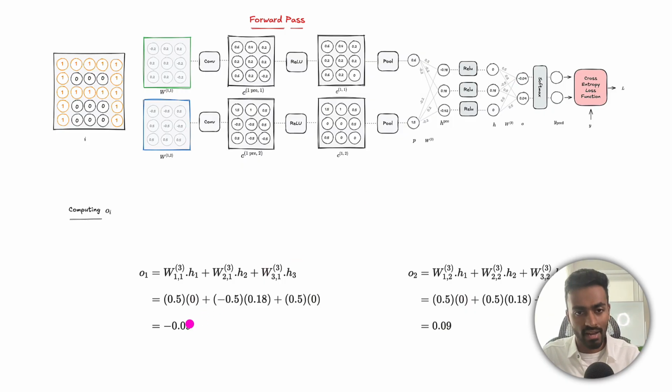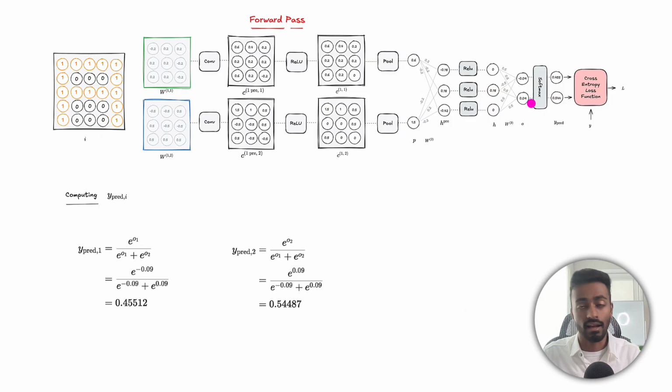So doing the mathematics, you'll see that the sum of products to get this neuron right over here is this weight times this neuron plus this weight times this neuron plus this weight times this neuron. The computation becomes pretty simple here because the inputs are 0. So it's just going to be negative 0.5 times 0.18, which is negative 0.09. And hence we write it over here. Similarly for this second neuron, which is positive 0.09 if you do the math.